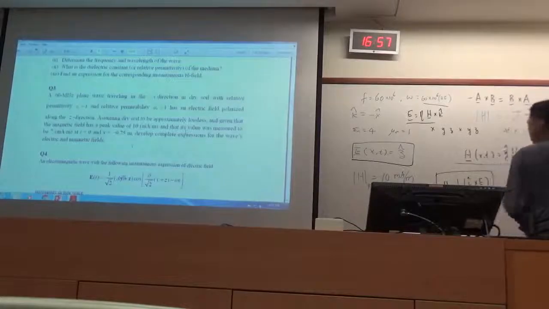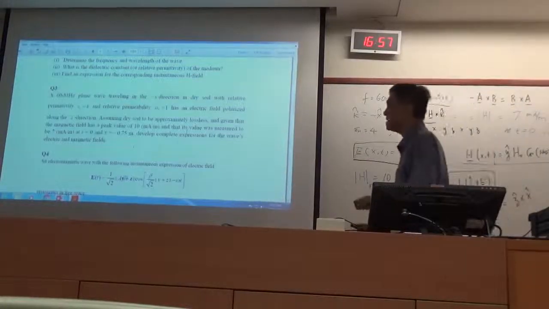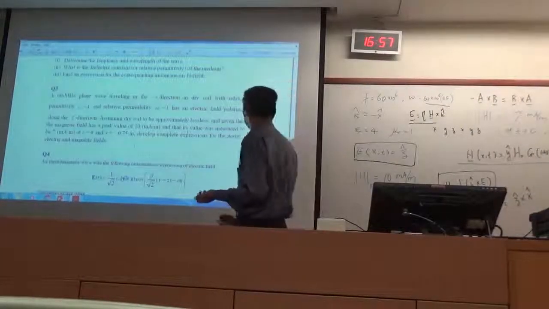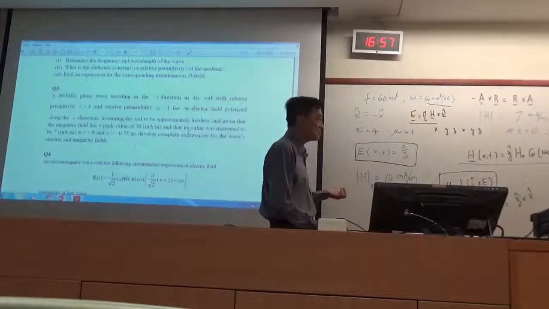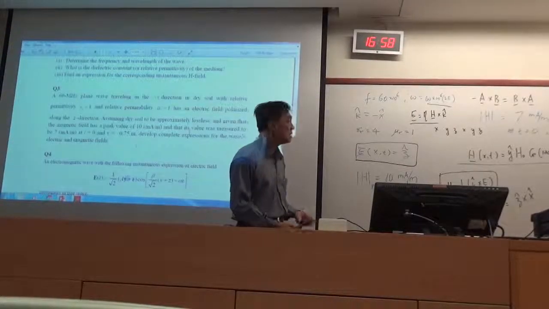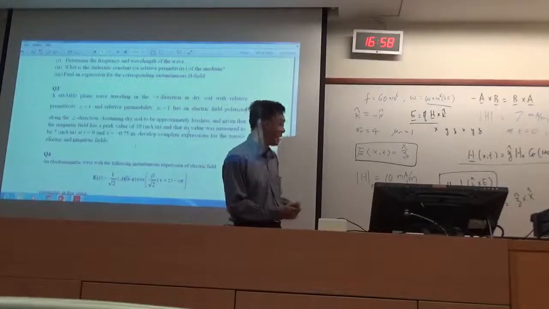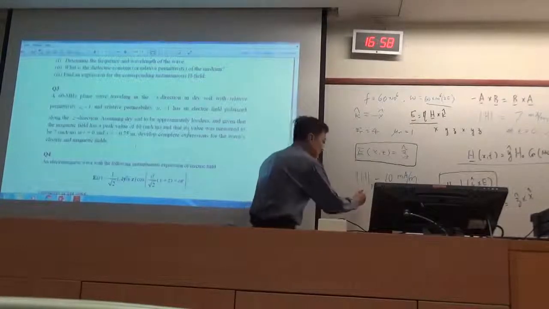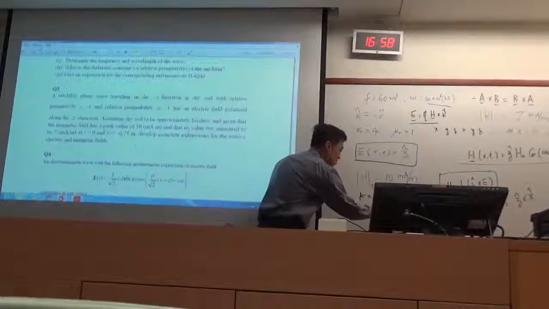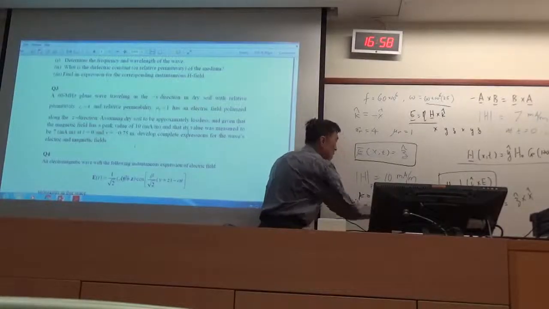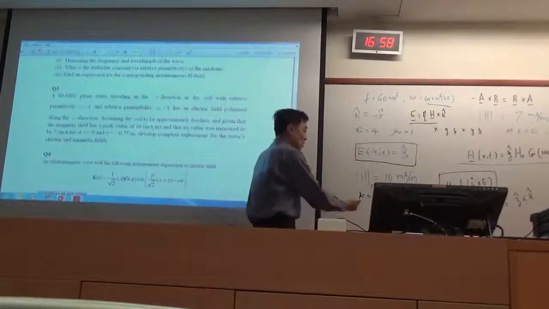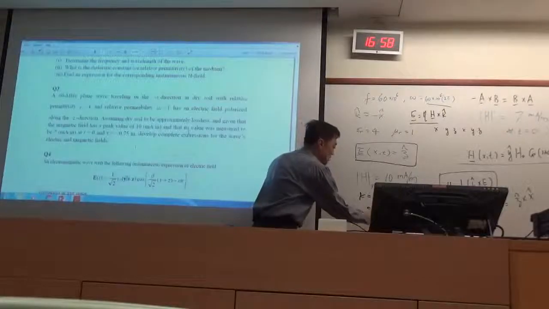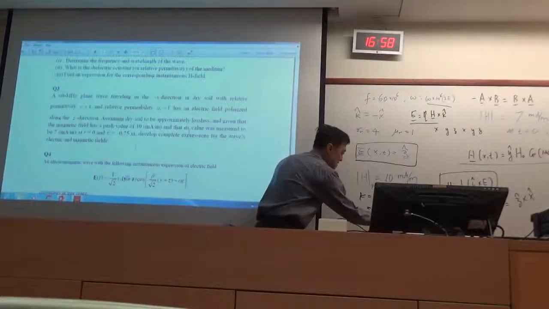So now what do we know? We do not know H naught, we do not know K, we do not know phi. But really, do we not know K? I think we know K. K is equal to omega square root of mu epsilon. Omega we know, which is 120 pi times 10 to the power 6.